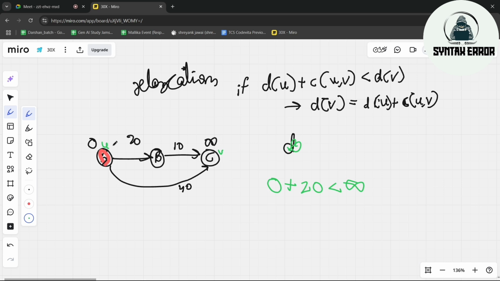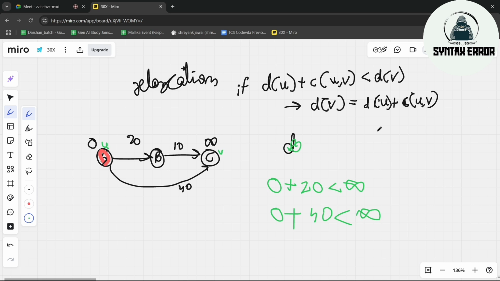Okay. So now we will take this one. What is d of u? D of u is again 0 plus the cost of u to v. The cost of u to v is 40. If this is less than d of v, what is d of v? Infinite. If this is less than d of v, what do we have to do?